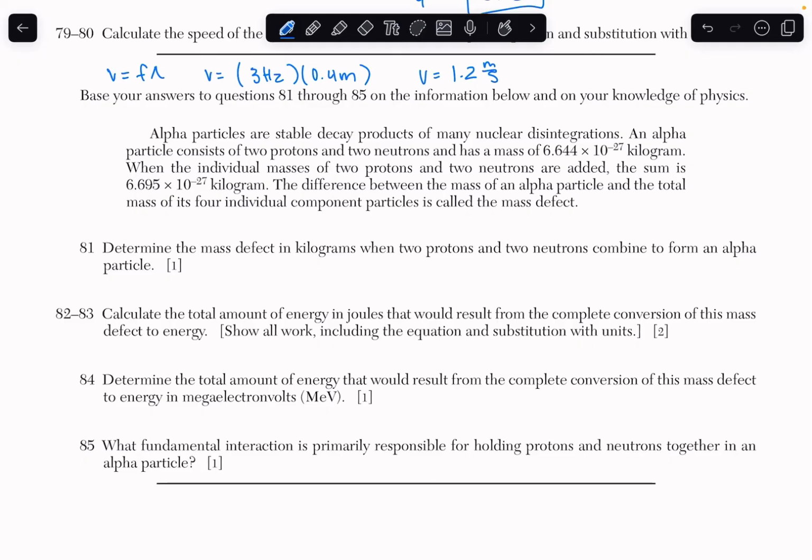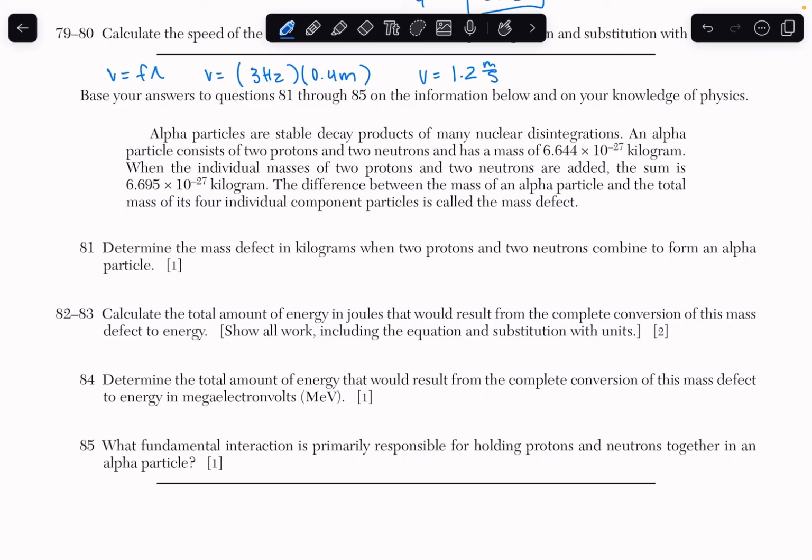Base your answers to questions 81 through 85 on the information below. Alpha particles are stable decay products of many nuclear disintegrations. An alpha particle consists of 2 protons and 2 neutrons and has a mass of 6.644 times 10 to the negative 27th kilogram.